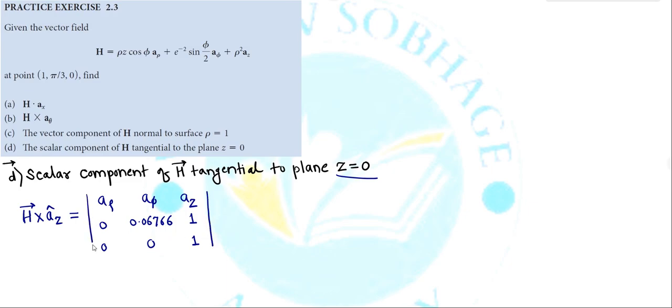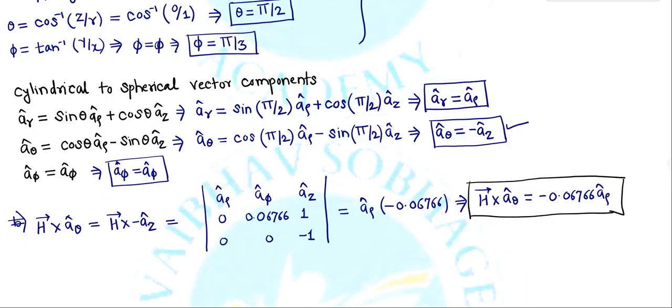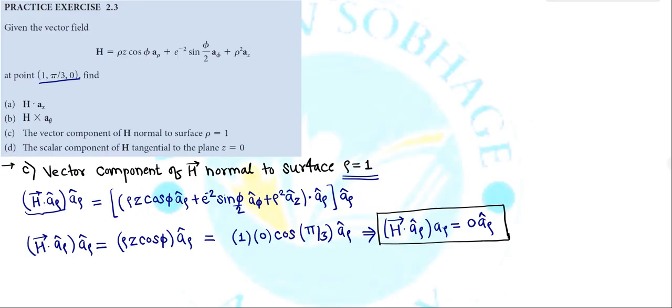So go in a similar manner, take its cross product and find that answer. So you will find that answer to be what now? 0.06766, because earlier we discussed the cross product between these two over here. So if you still have any confusion, you can refer to this part of the video.